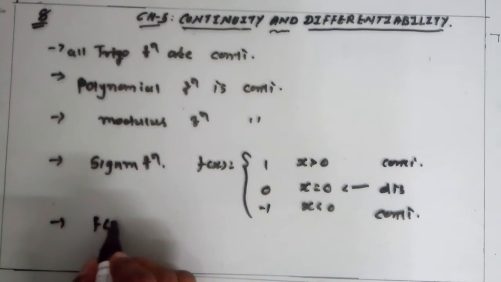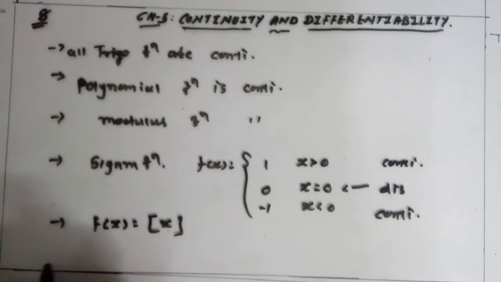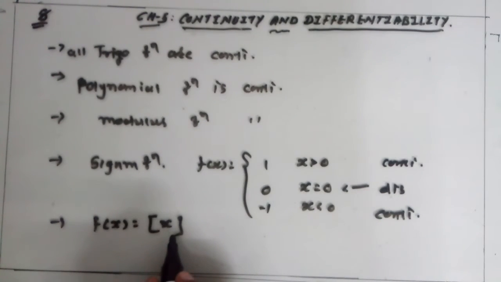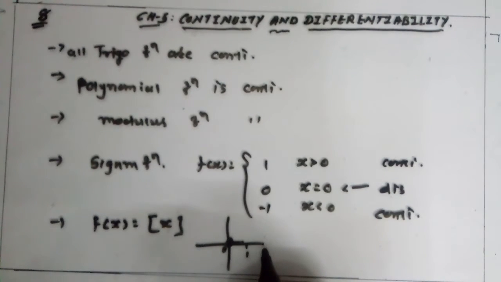And the magnitude function. Now next, the box function, the greatest integer function. The greatest integer function is also not continuous, because for x lying between 0 and 1, the value becomes 0, not 1. For x between 1 and 2, it becomes 1.